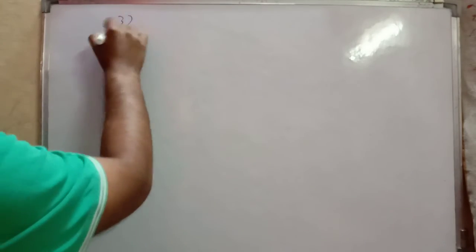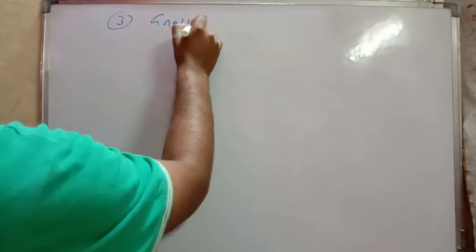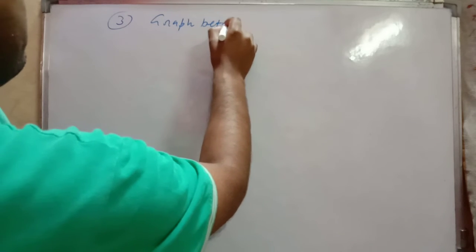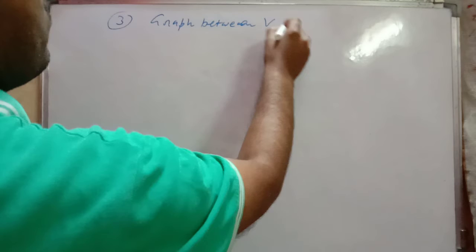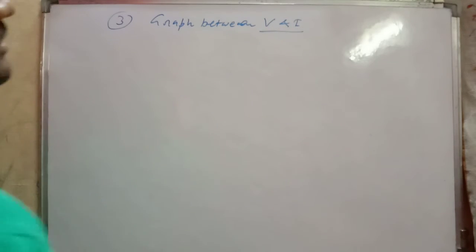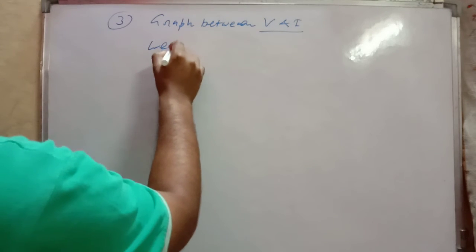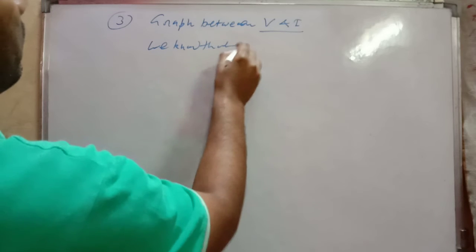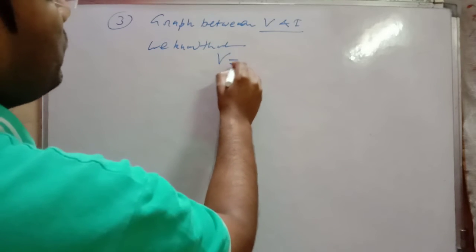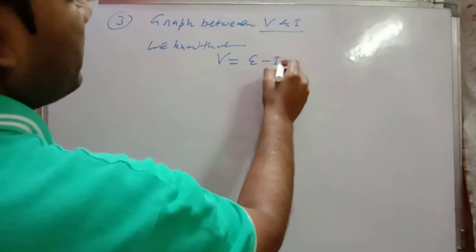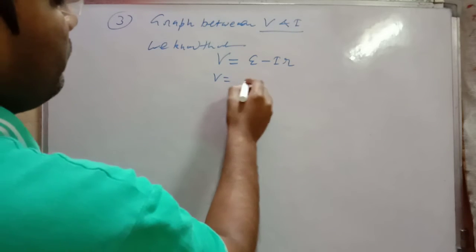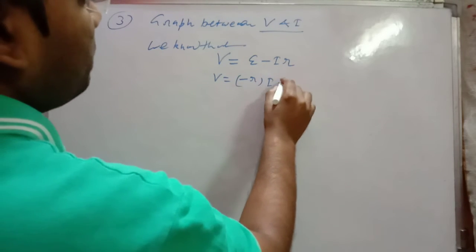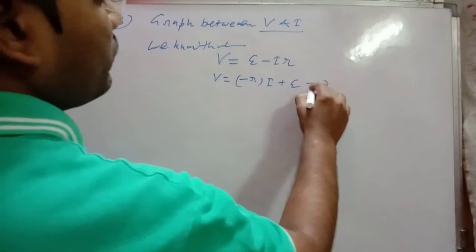Now third one is the graph between V and I. We know that V is equal to E minus Ir. Now here V is equal to minus r I plus E. This one is the equation number 1.